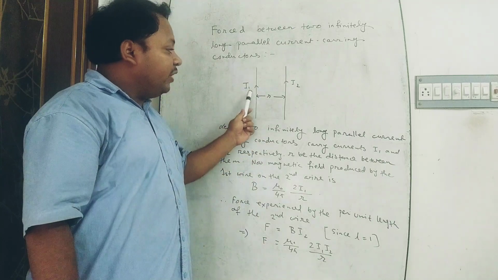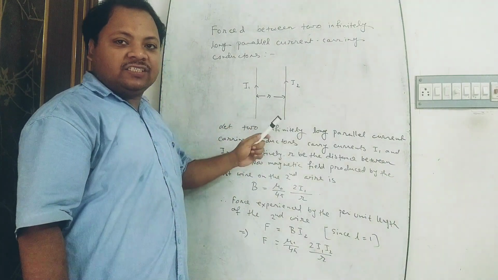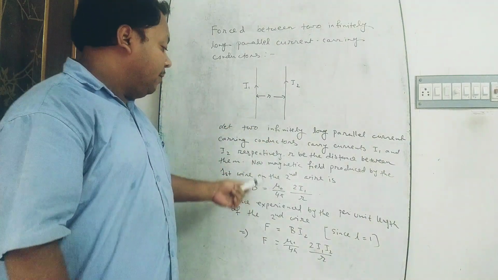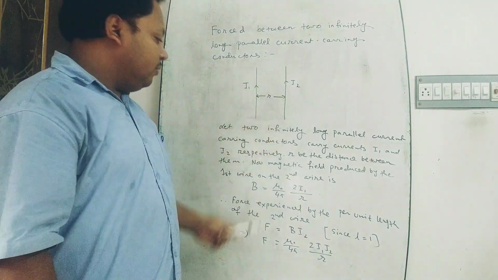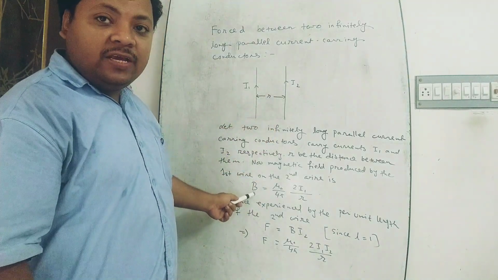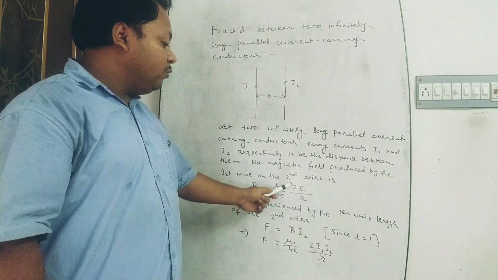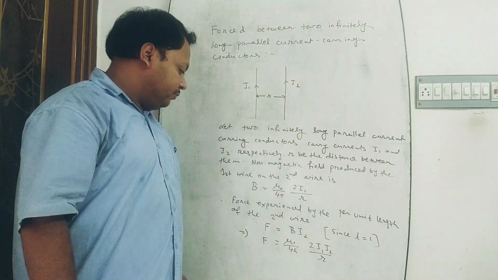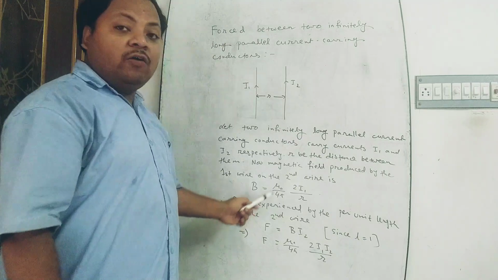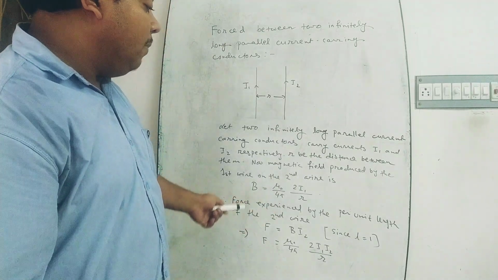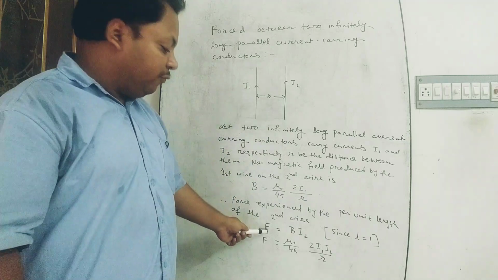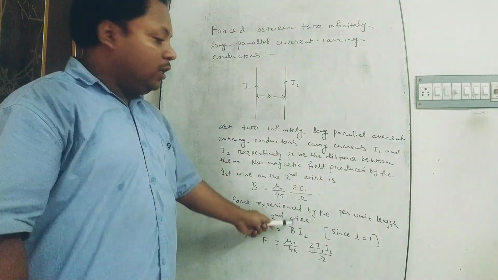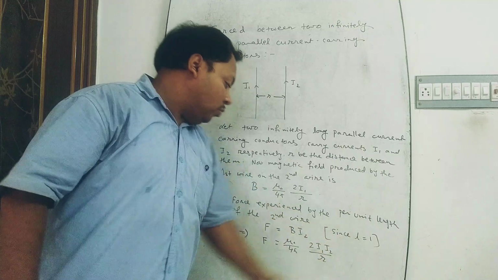Now the first wire generates a magnetic field B at the second wire. Therefore, we can write B is equal to mu 0 by 4 pi into 2 I1 by r. Now the force experienced by the second wire per unit length is F is equal to B into I2, here L is equal to 1.